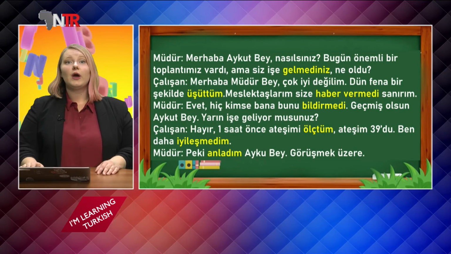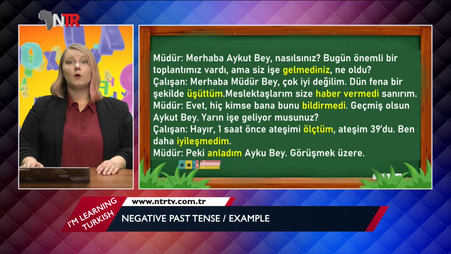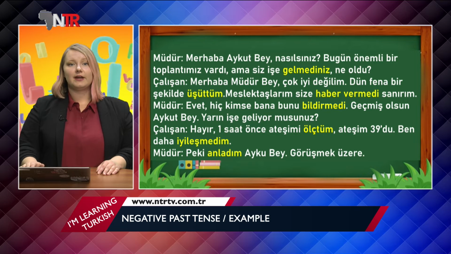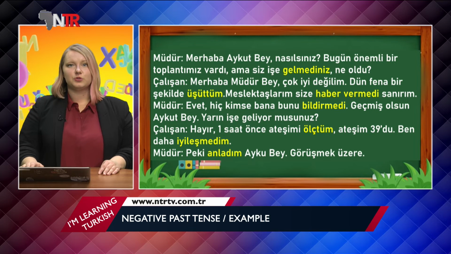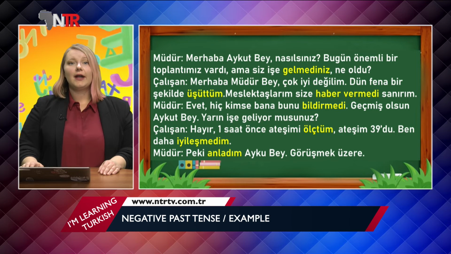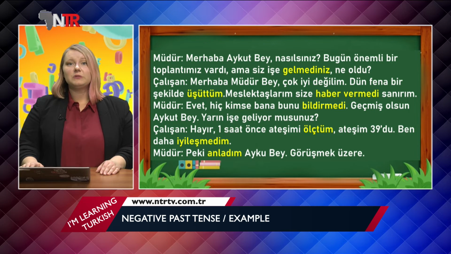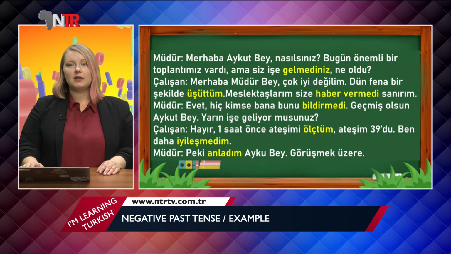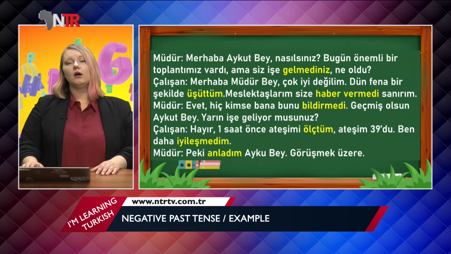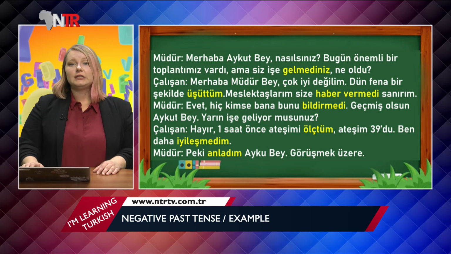So let's review a dialogue between a manager of a company and a worker. Manager as müdür and worker as çalışan. Merhaba Aykut Bey, nasılsınız? Bugün önemli bir toplantımız vardı ama siz işe gelmediniz. Ne oldu? Merhaba müdür bey, çok iyi değilim.